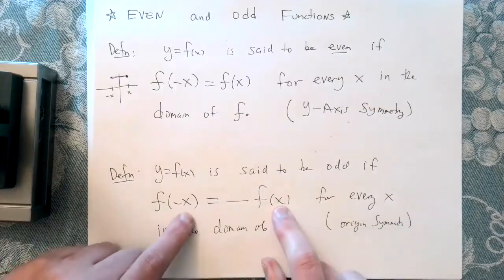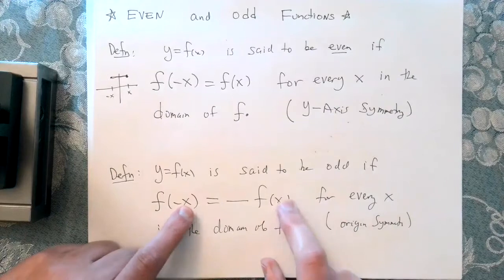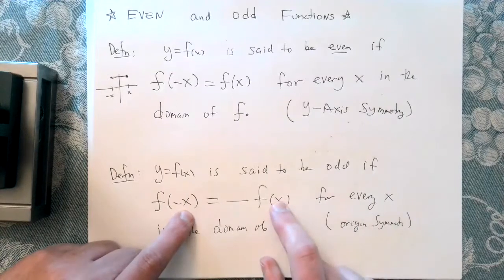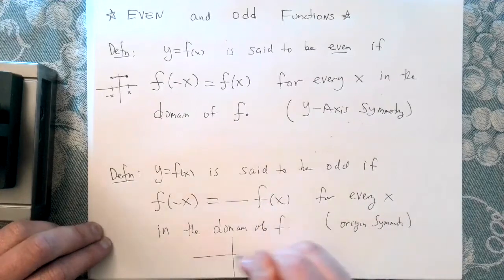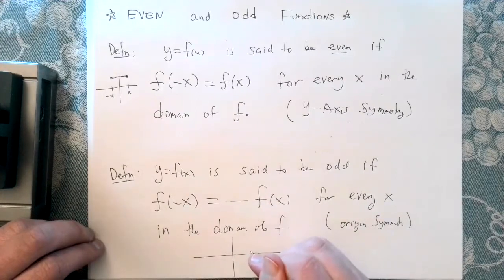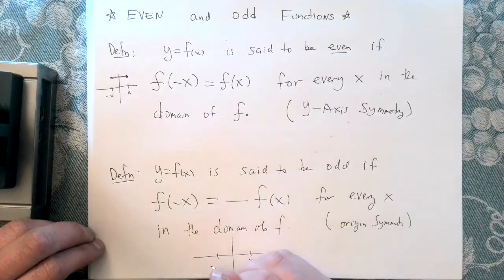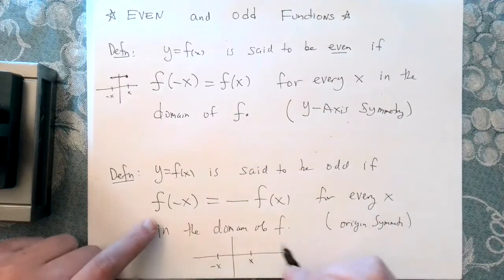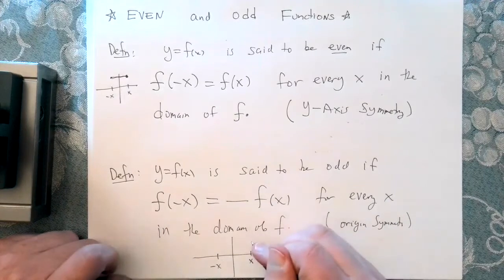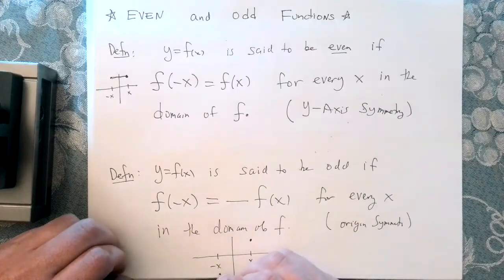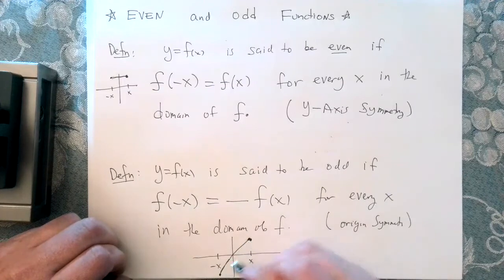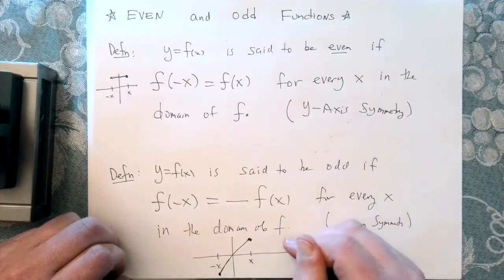And so the idea here is these symmetric places on the x-axis, so opposite x's lead to opposite y's. So for example, here's x and negative x. Well, f of x is the negative of f of negative x. So you've got this origin symmetry. Pretend that has origin symmetry. There we go.